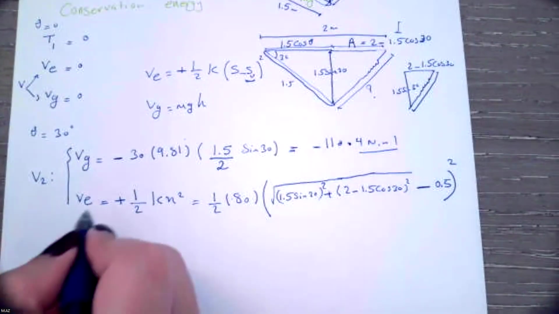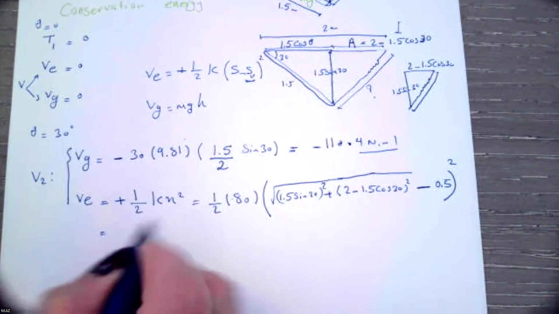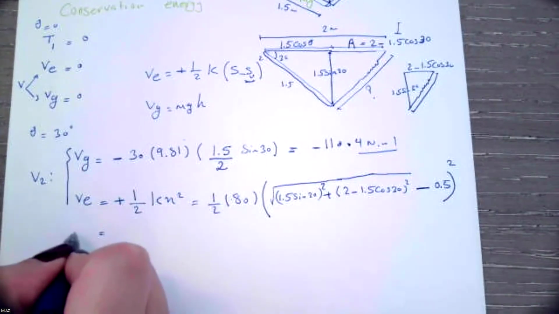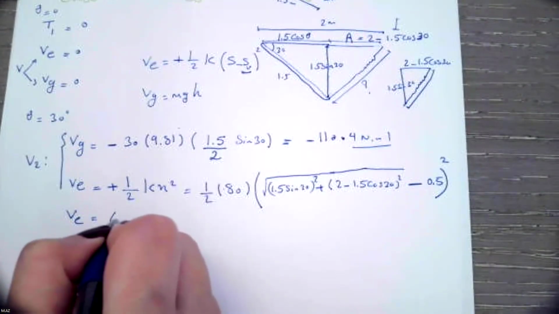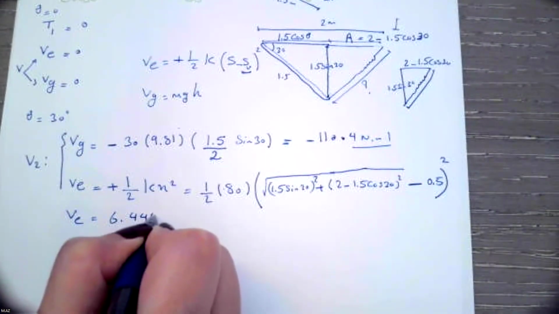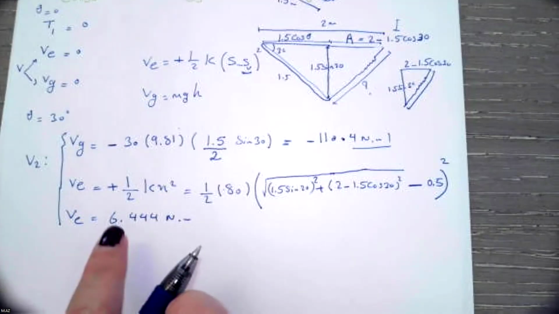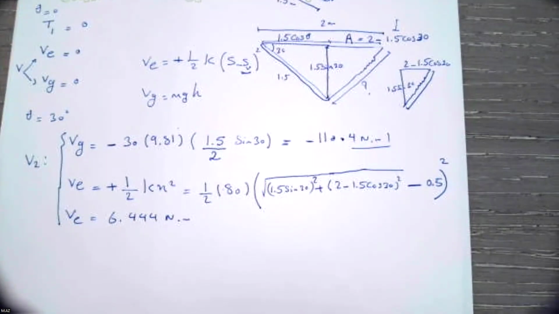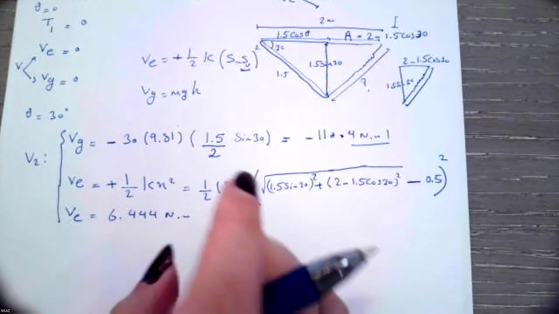Once we calculate this, the elastic potential energy will be 6.444 Newton meter. This is the elastic potential energy and the gravitational potential energy.